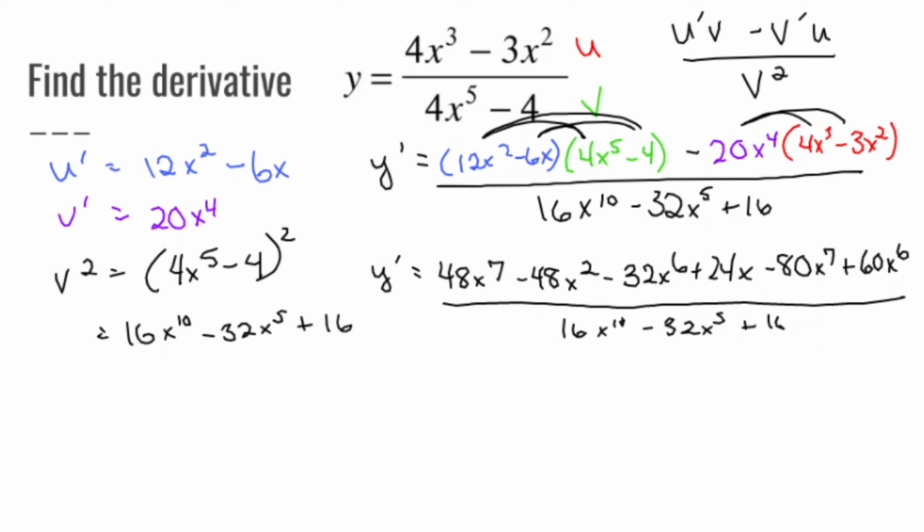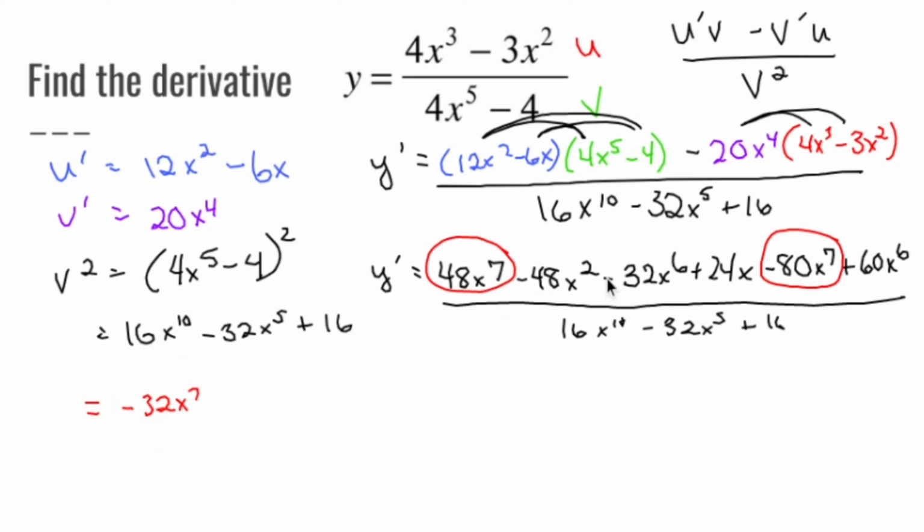All right, so let's see if we can do some combining, and I'll bring it over here just in case there's more factoring going on. I'm not sure what my answer is going to be. I'll go standard form, biggest degree first, 48x to the 7th minus 80x to the 7th is going to be negative 32x to the 7th. Let's get a different color out here.